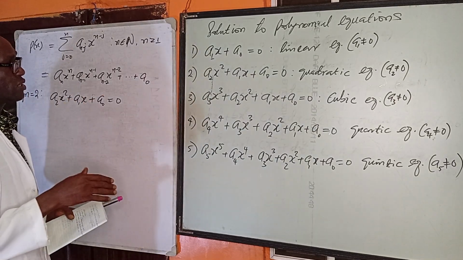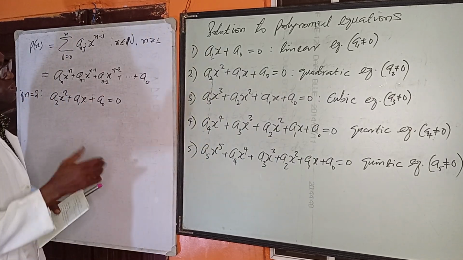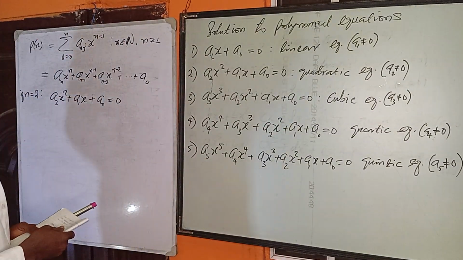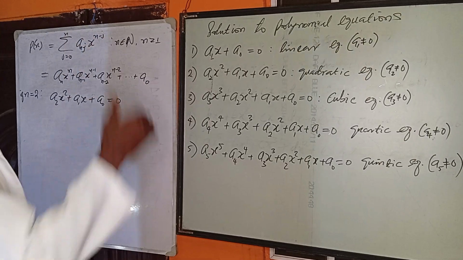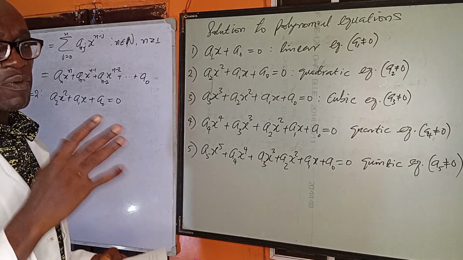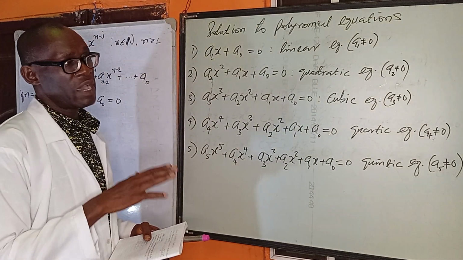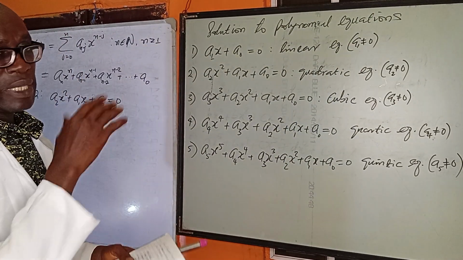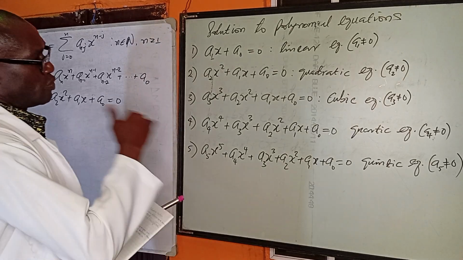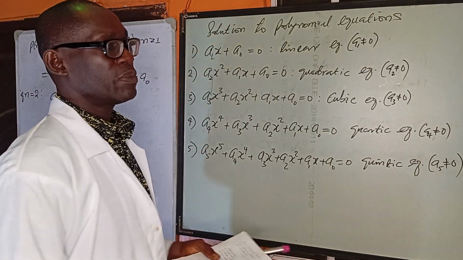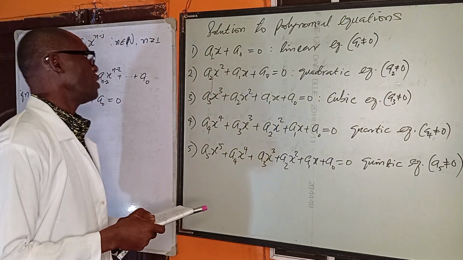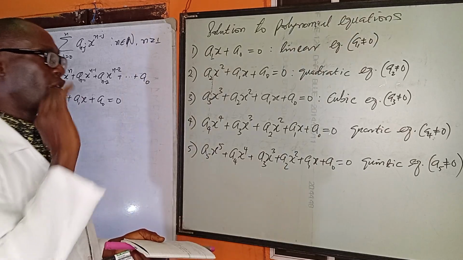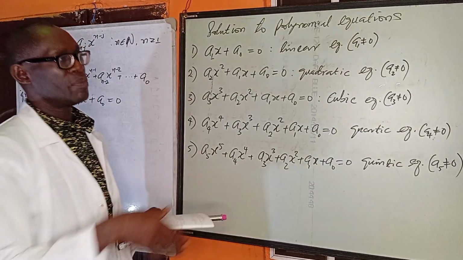Basically, in financial mathematics, we use it to determine the point where we can have the maximum profit for a profit function. Also, we can use it to find the point where we have the minimum cost for a cost function. And also, it's applicable in engineering, where we apply it when you construct bridges, and it is also applicable in projection of particle, missile, and bomb, and so on.